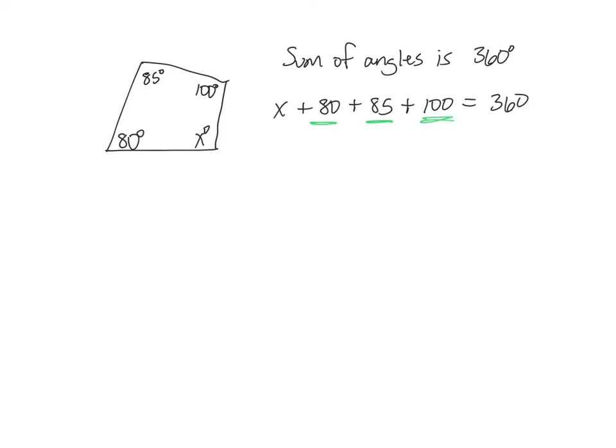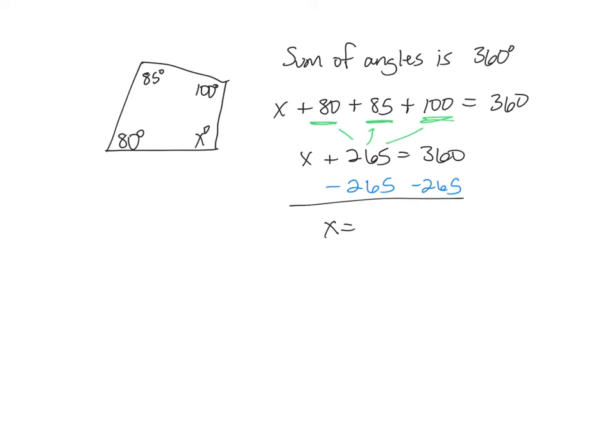I can add them up, and I would get 80 and 85 is 165, and 165 and 100 is 265. Okay, so all that combined there. And then I do the adding and subtracting. In this case, subtracting. And then I subtract 360 and 265, and I get 95.